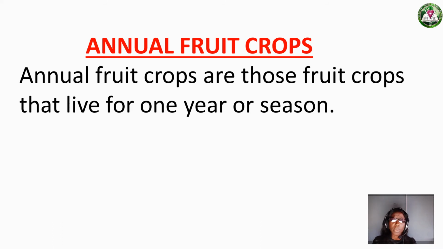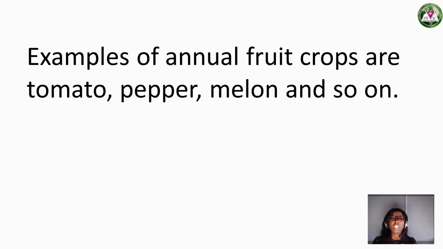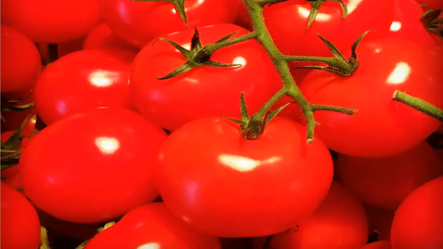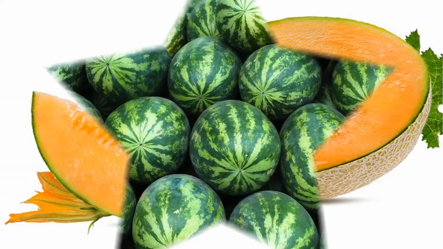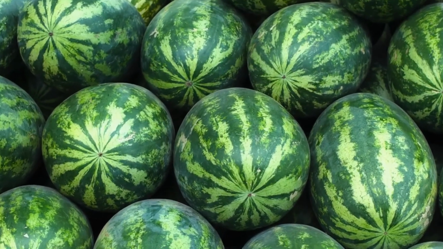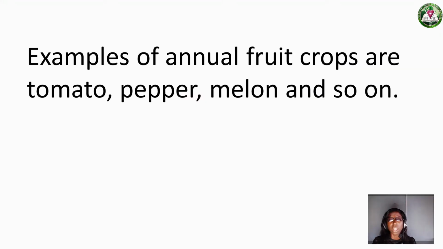Such fruit crops, we call them annual fruit crops. Now we have some examples of annual fruit crops. They are tomato, pepper, melon, and so on. They can just stay for 1 season. They can never exceed it.